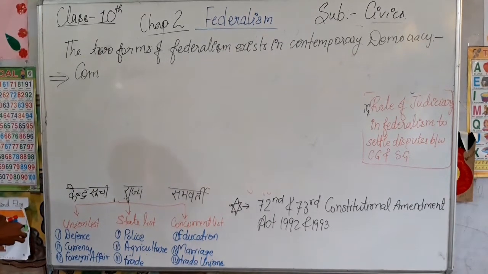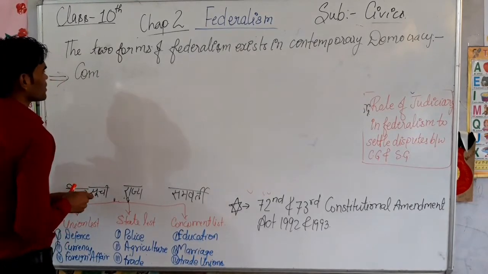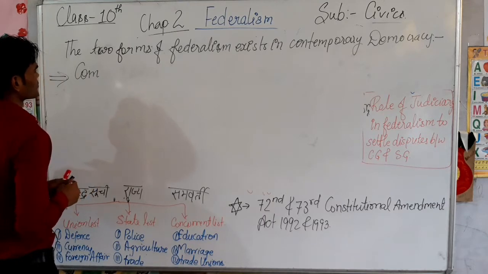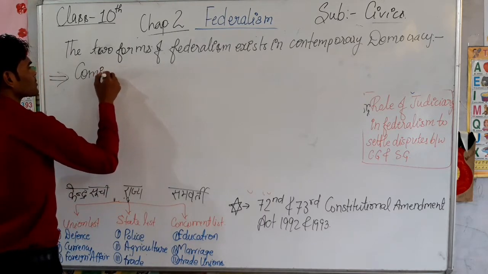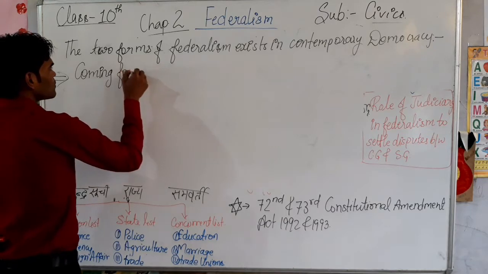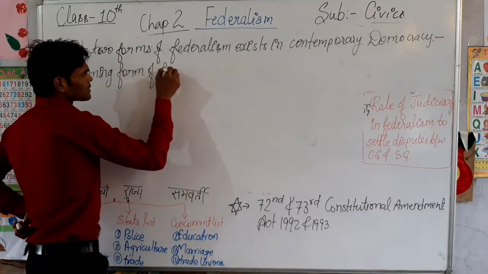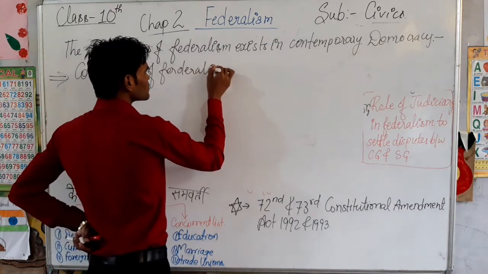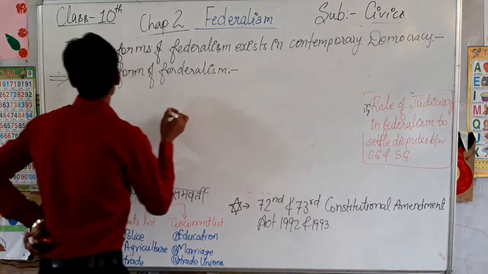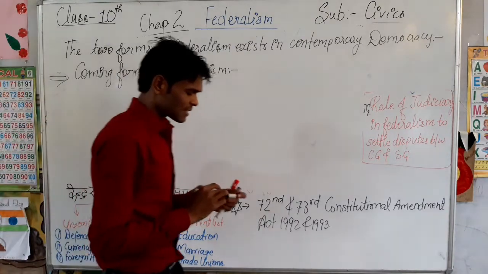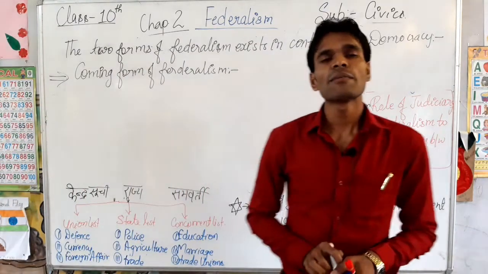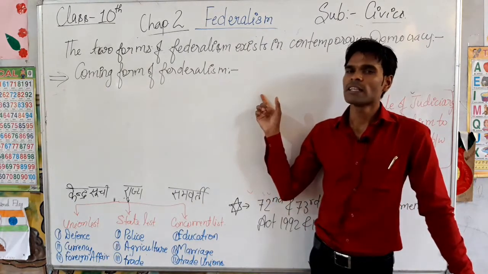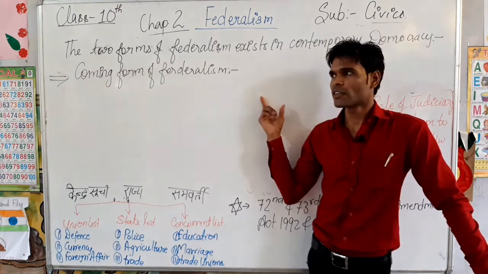So see here, what is the coming together form of federalism? Is that clear? In the coming together form of federalism, the central government is authoritative in nature.